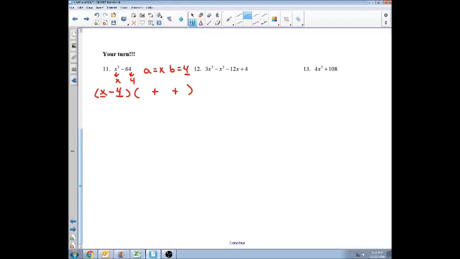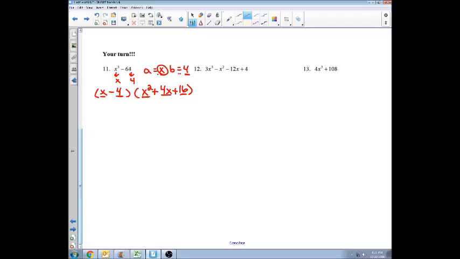Okay? The first blank here is always a squared. Well, my a is x, so that will give me x squared. My second blank is always a times b, which would give me 4x. My third blank is always b squared. Well, 4 times 4 would get me 16.